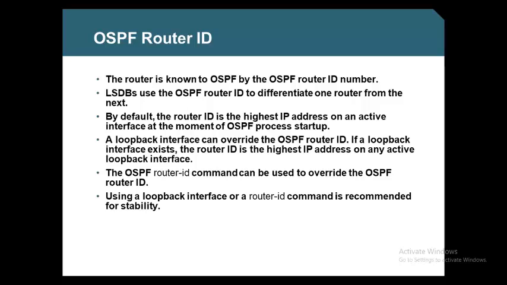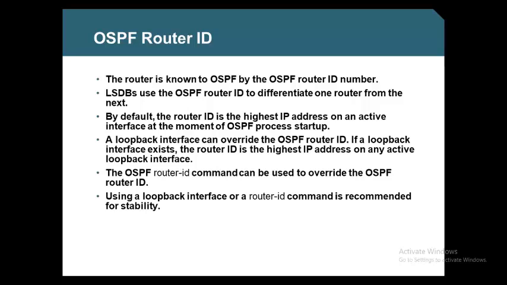See, in our lab, let's go back to the lab. I'm running OSPF on loopback 5. That's true, you can see that. Show IP OSPF interface brief. I'm running it on loopback 5, loopback 0. No IP OSPF 1 area 0.